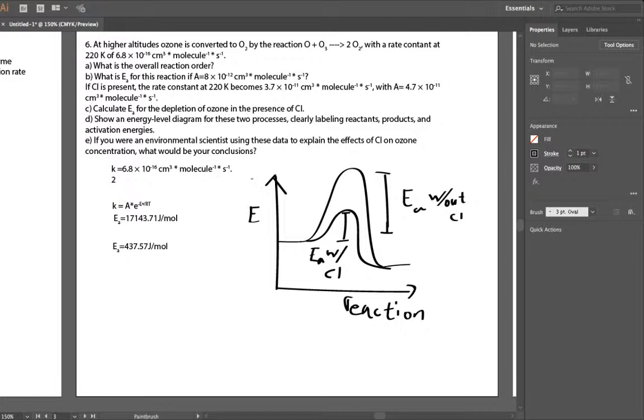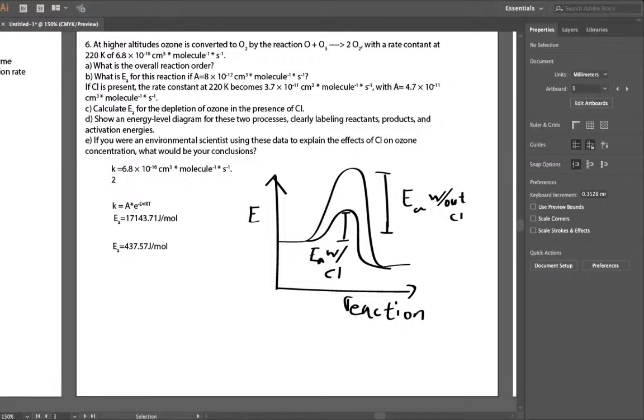And if you were an environmental scientist using these data to explain the effects of Cl on ozone concentration, what would be your conclusion? Well, here's the thing. Ozone protects us from UV. That means we don't want our ozone layer to be depleted.